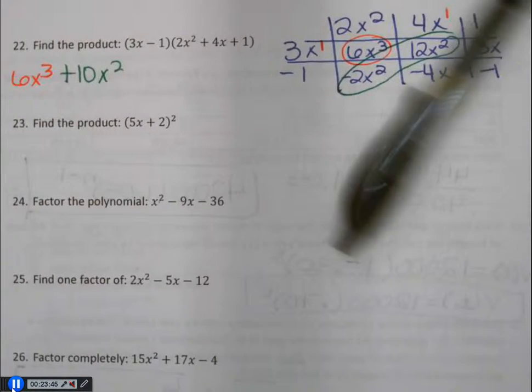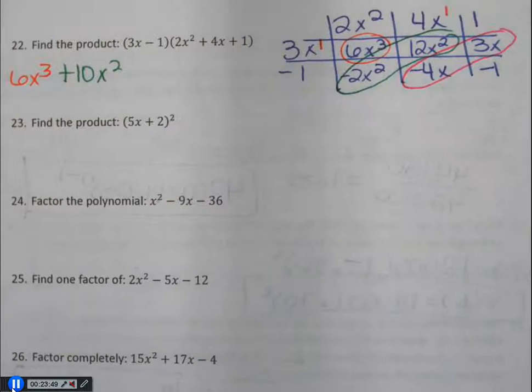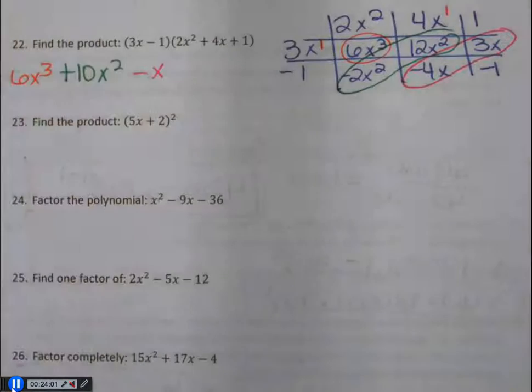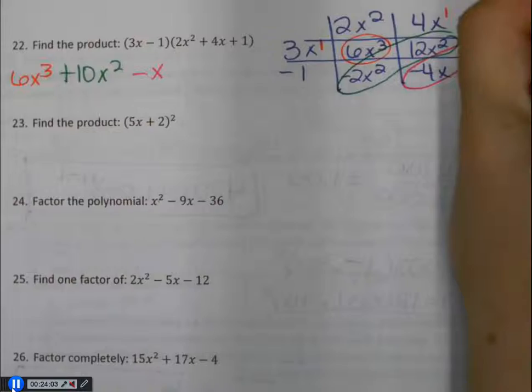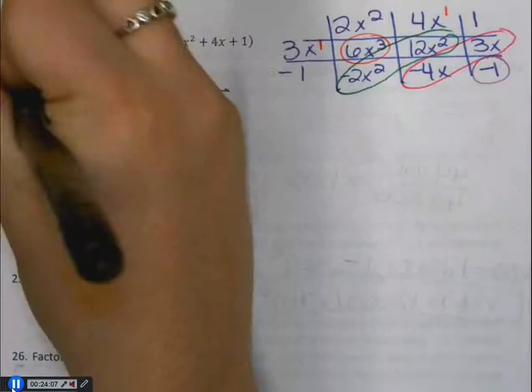Then I have negative 4x and 3x. So give me negative x. And then I have this negative 1 at the end. So questions on 22?